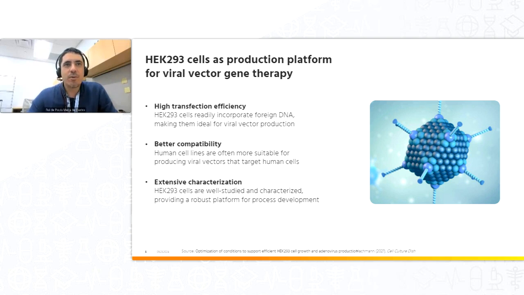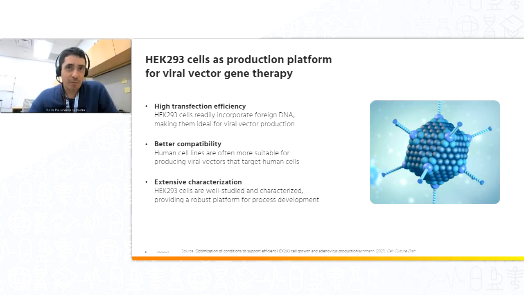All right, so the production of viral particles for gene therapy requires a host cell, right? A cell that, when we do what we call transfection, produces viral particles with high efficiency. And a cell used a lot in this case is HEK293 cells, human embryonic kidney cells.